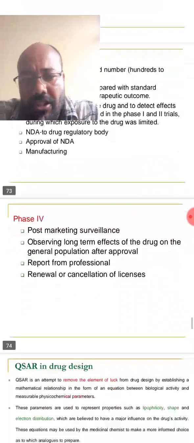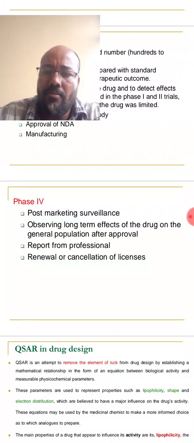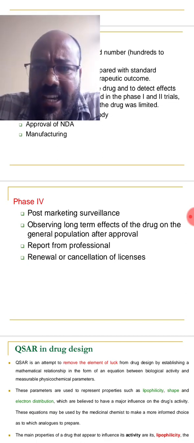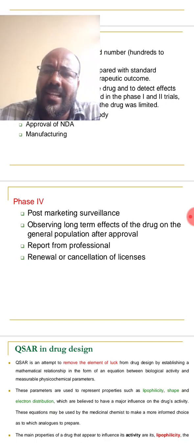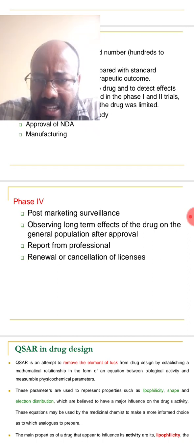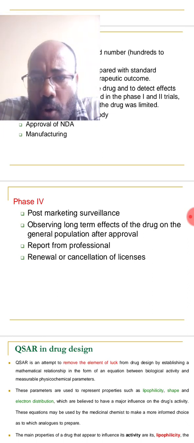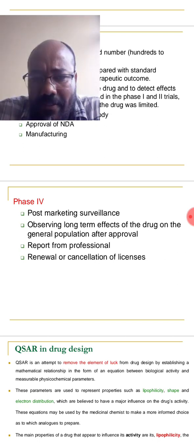And the fourth stage, post-marketing. Post-market surveillance, checking the side effects, problems associated with drug-drug interactions and other toxicities. They are studied under this post-market surveillance, observing long-term effects of the drug on the general population after approval.